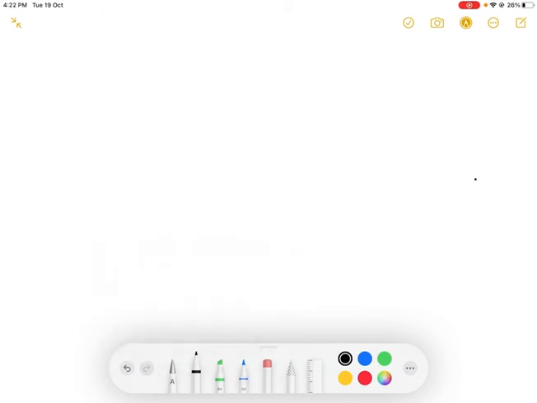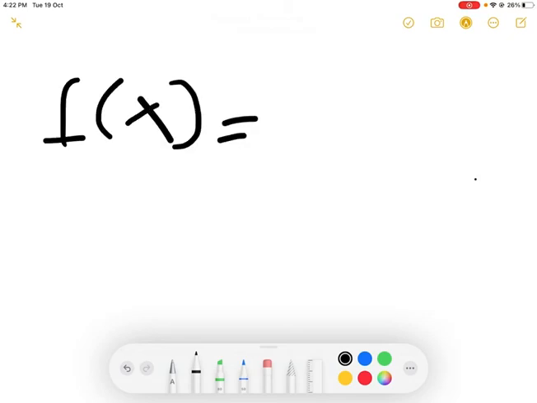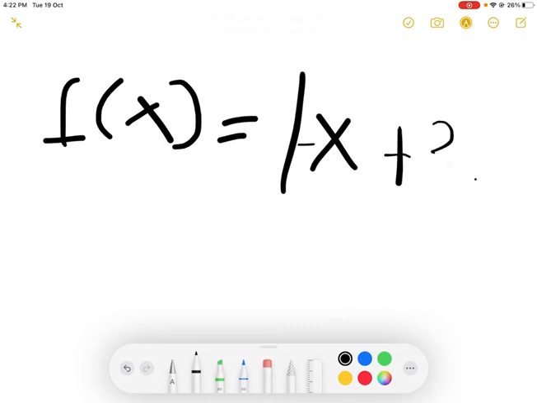How to know if a function is reflected or not, and also how to know if the function is reflected over the y-axis or x-axis. So the function f(x) equals the absolute value of negative x plus 3, and the plus 2 doesn't matter at this point.